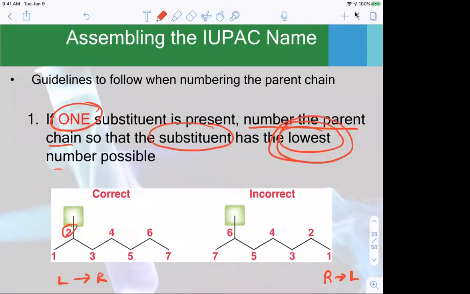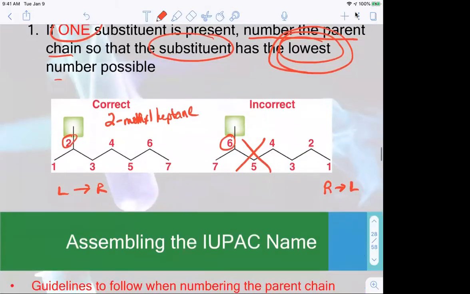Here, it would be number 2. Here, it would be number 6. This is not correct. This would be 2-methylheptane. I would not call it 6-methylheptane.